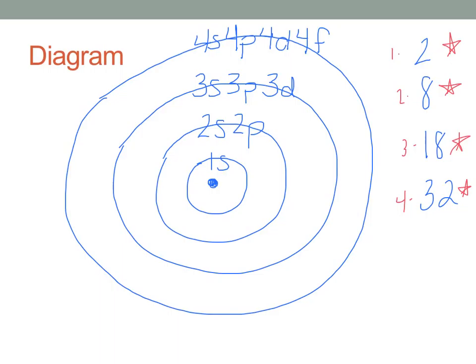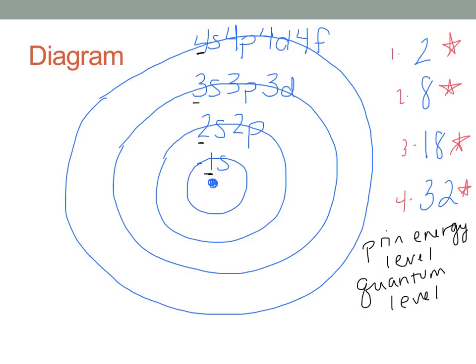I just want to make sure you guys have a basic understanding of where these electrons can be found. So you have to remember that the number in front, the 2s and the 3s, those are what they call principal energy levels. You can also see them as just quantum levels, or I may just say energy level. So that's what level you're in.